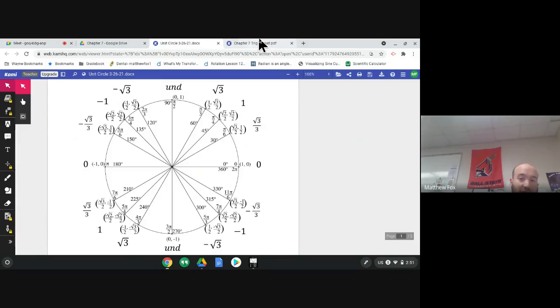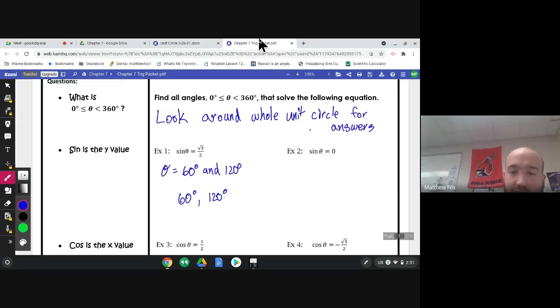But it's the same concept. So if we think about it, theta is 0 degrees. Oops, that kind of looks like a theta. Let me fix that. So 0 degrees and 180 degrees. Or the other way you could write it, it would be 0 degrees, comma, 180 degrees. Either one of those works, okay?